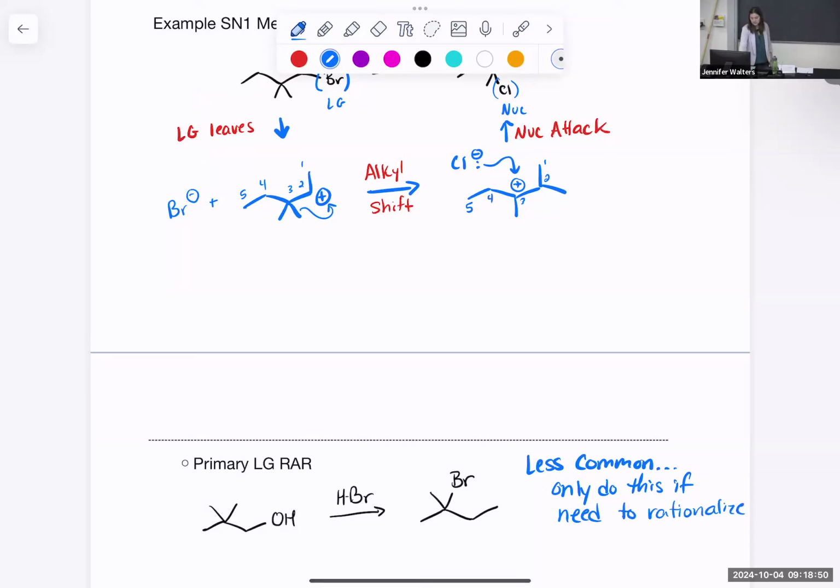We're only going to do this if I need to rationalize the product formed. Essentially, you are given that product and told, predict a mechanism. Well, then you got to find a way to make it, right? We're not going to predict this product, because what we're going to talk about is how we would predict our products. That's what's up next, in which case then we would have predicted it would be SN2, because this is going to be a primary leaving group.